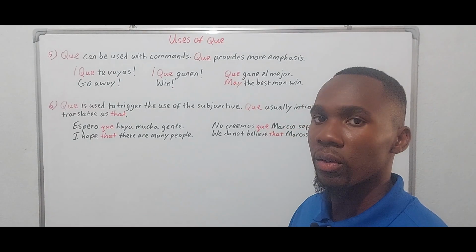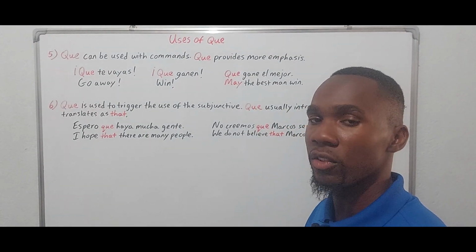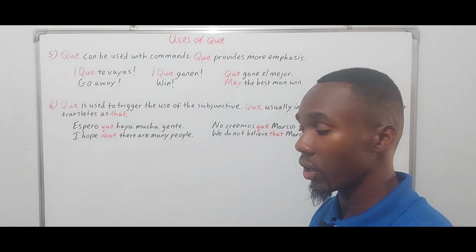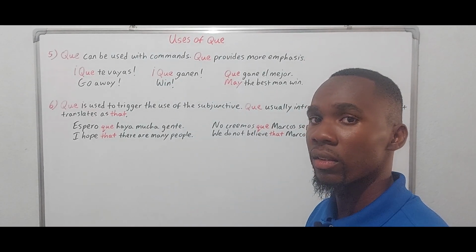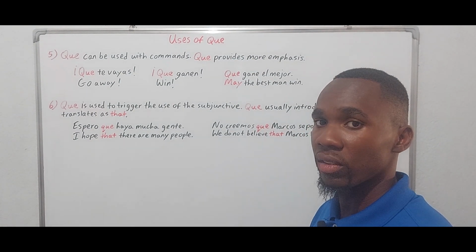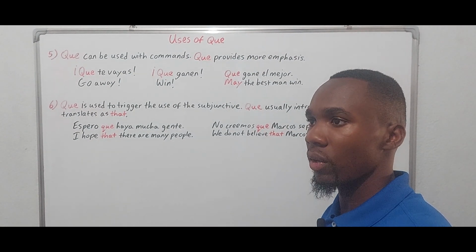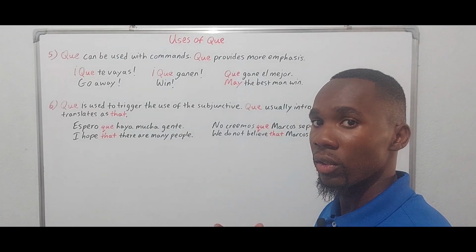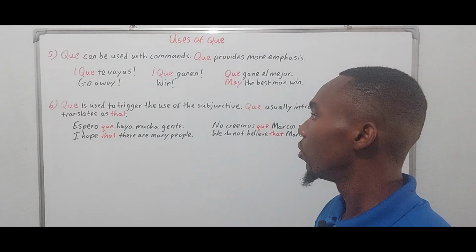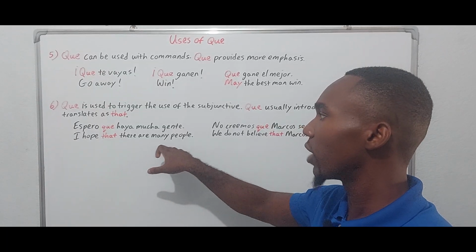So we know the subjunctive has many different uses. We can use it for doubt, wishes, emotions, but you would realize that when it comes to the subjunctive, que is often used to trigger it, right? So, espero que haya mucha gente.